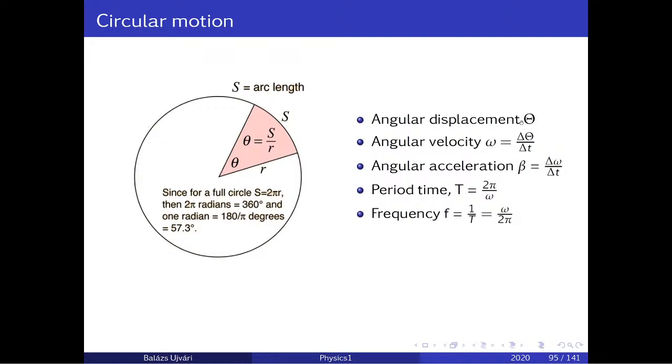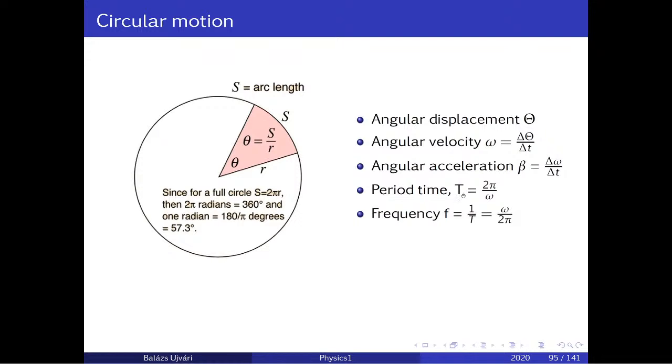Omega is the derivative of angular displacement. So like velocity, or at least the x component of the velocity, we can get by differentiating x(t). Omega you can get by differentiating theta. One other step, the beta, angular acceleration. It's not a big surprise. If you differentiate again, you can have the angular acceleration.